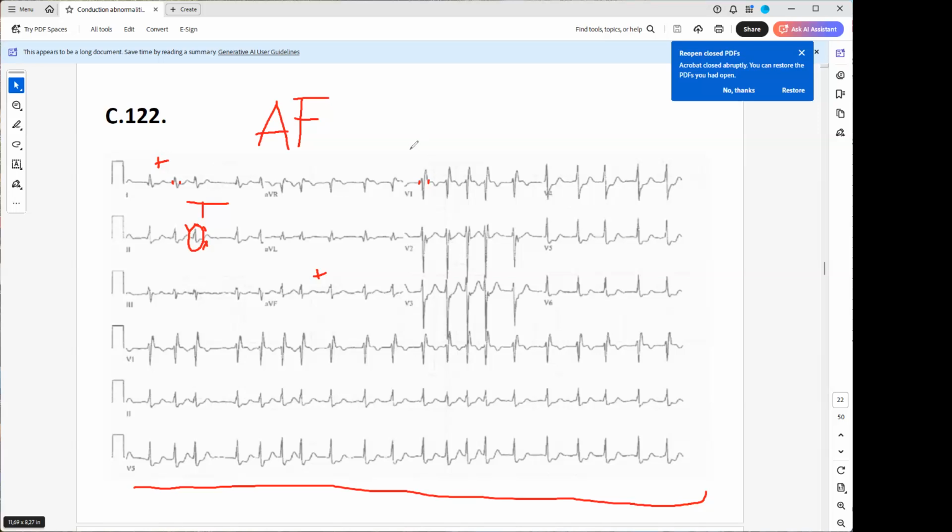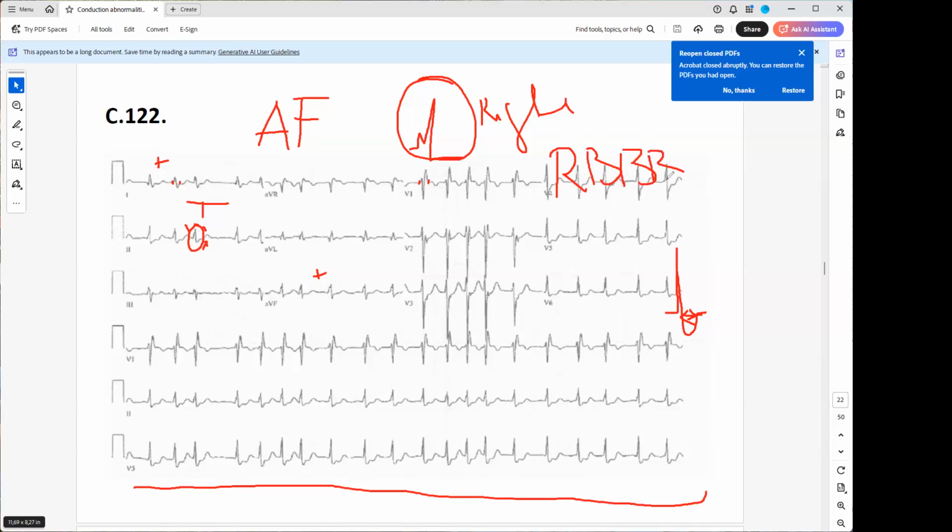I'm not too sure. Wide R complex in V1. This is the right side, okay? And wide S wave on the left side. This is a right bundle branch block.